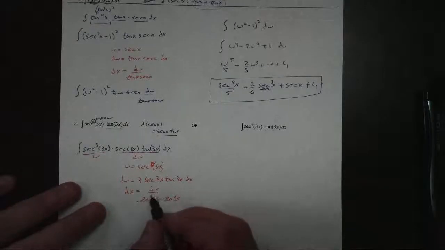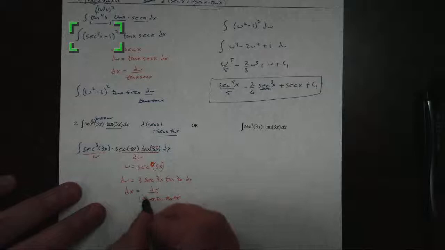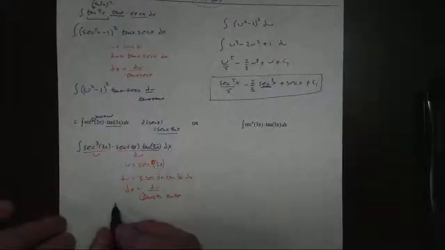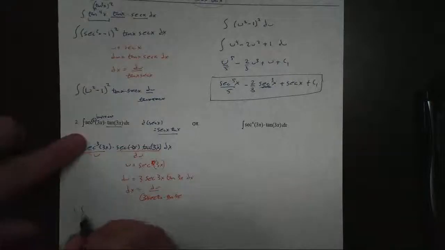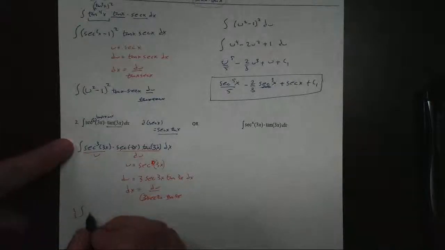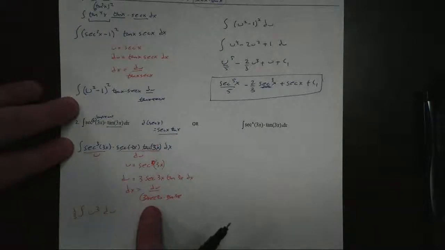Now, quickly, we know these are going to cancel. The 3 doesn't though, so we're left with that, so be very careful. And this is going to become just 1/3. We replace secant cubed with u, so it becomes u cubed du.